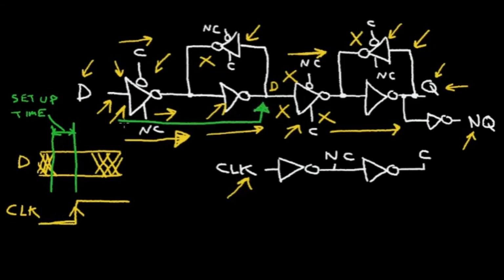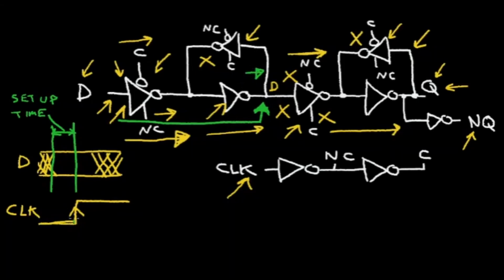Now, if the data doesn't have time to propagate to this point and my clock changes, I could have garbage data, and I'm not sure that the data would be correct. So I have to allow enough setup time for this node to become stable.